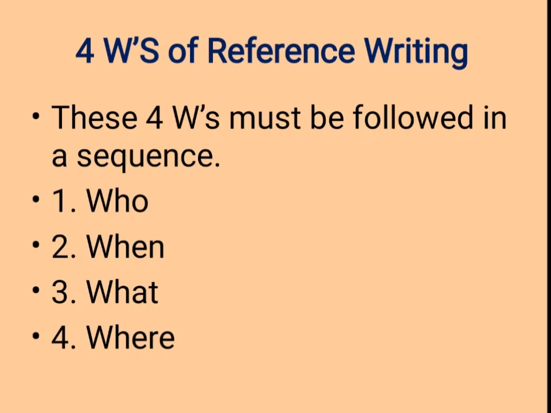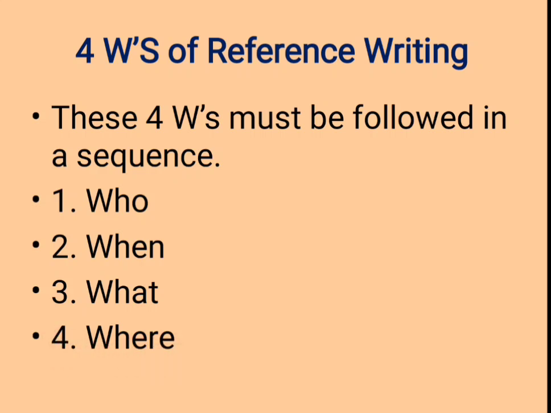There are 4 W's that we must know as a researcher. We must know about those 4 W's while writing the references, and the researcher must follow these 4 W's in a sequence. The first one is who, number 2 when, number 3 what, and number 4 where.